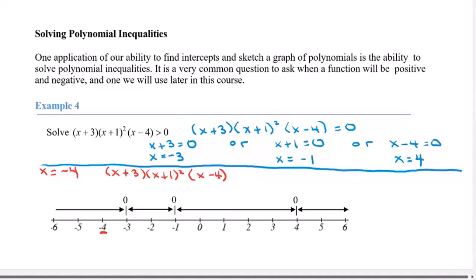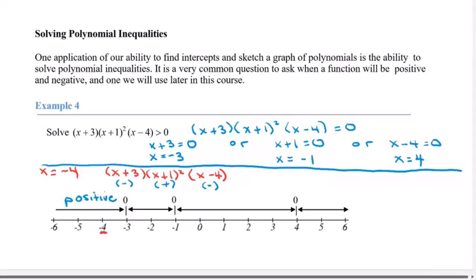Well, I don't really care what the value is. I really just want to know if it's positive or negative. So here, when I plug in -4, this becomes a negative number. No matter what this is, when I square it, it's always going to be positive. And then here we have -4 minus 4, again, a negative number. And when we multiply a negative times a positive, we get a negative, times a negative, we get a positive. So that means this interval has to be positive.